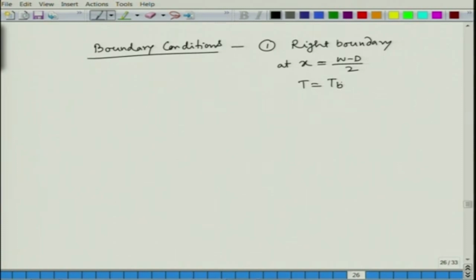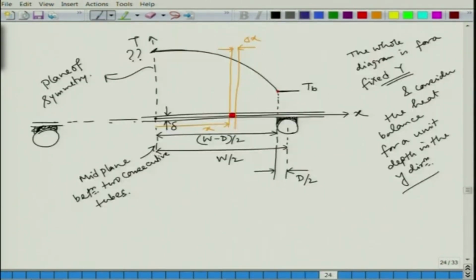This is the right boundary where the temperature condition is given. At the left boundary, x equal to 0, we have seen that this is the plane of symmetry. So, what does it tell?